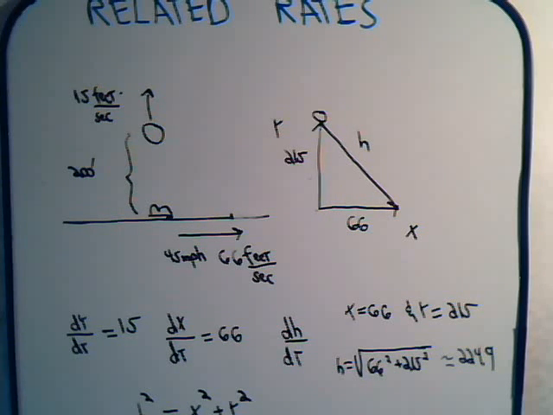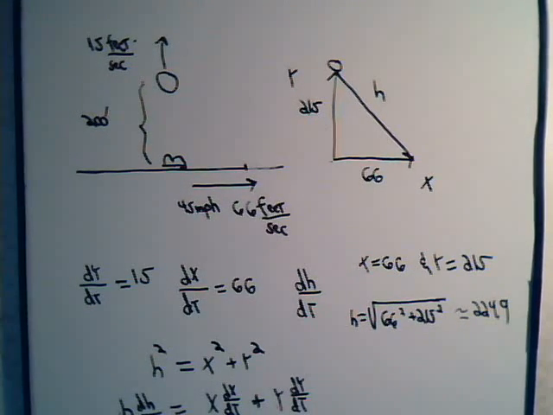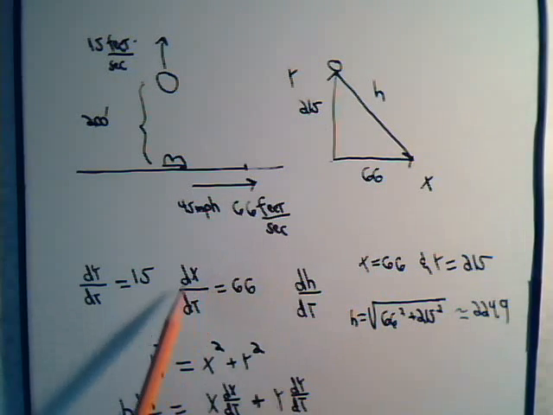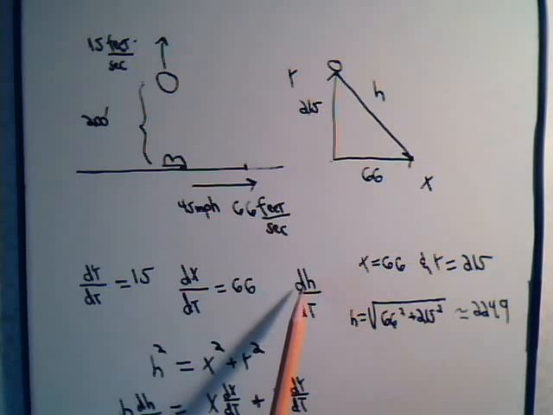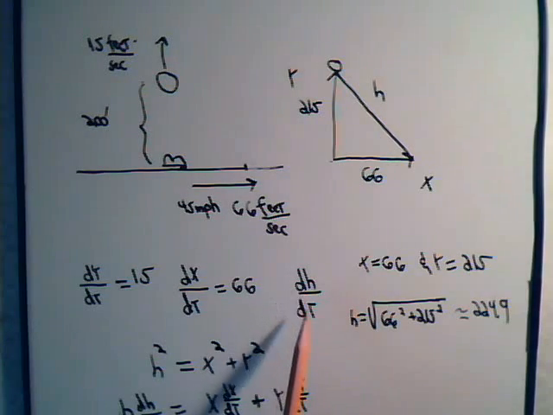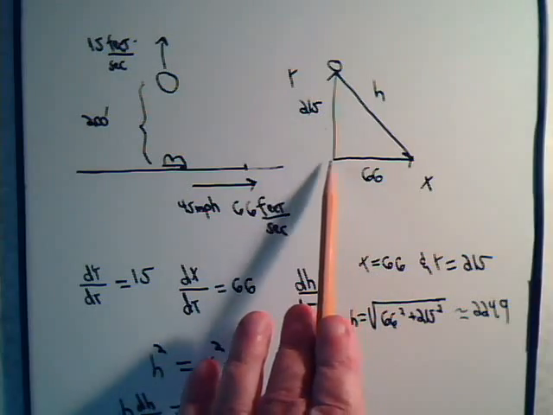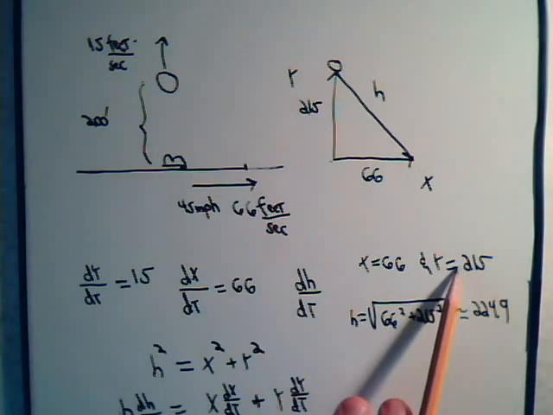Okay. Now, we want to know what dy/dt is, and we know what dx/dt is. What we're asked to solve for is dh/dt, and the problem said 1 second later, so that means we want to solve for dh/dt when x equals 66 and y equals 215.